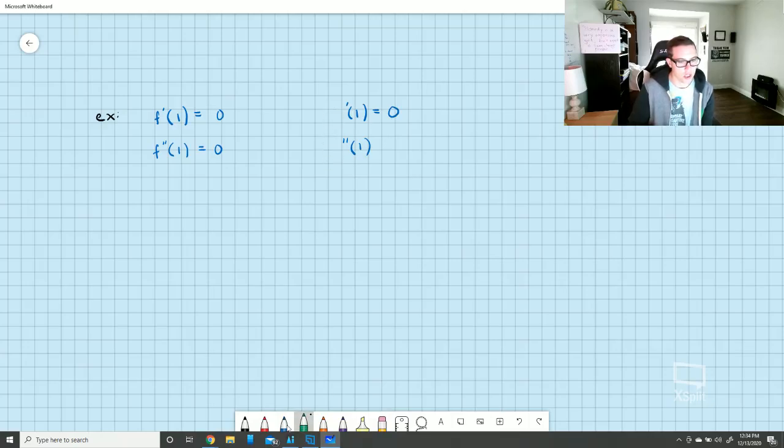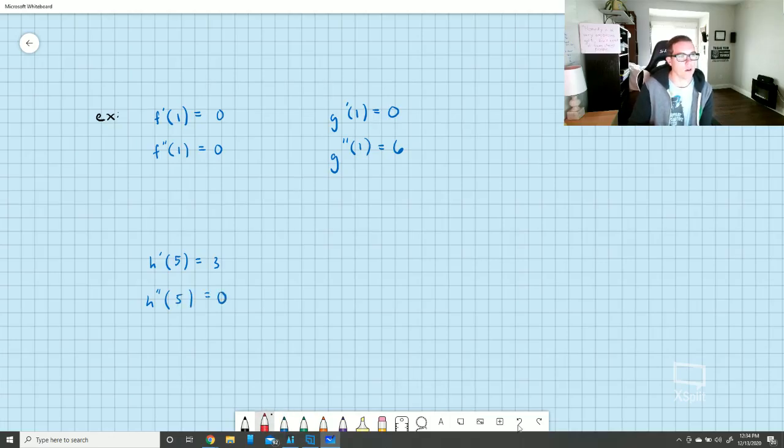Let's call this g. g double prime of 1 is equal to 6, and I tell you h prime of 5 equals 3, h double prime of 5 equals 0. What do you get from all this information?